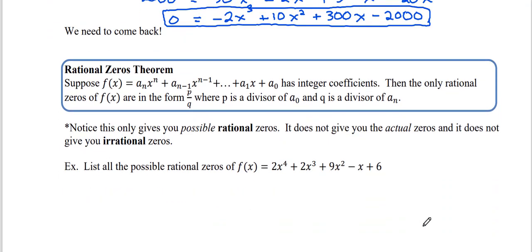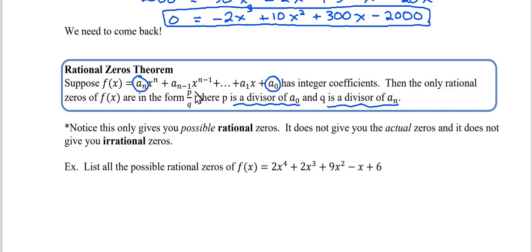The rational zeros theorem I mentioned above gives us possible rational zeros. We're going to focus on this last term, a0, and we want all the divisors of that. We're also going to focus on the leading coefficient and find all the divisors of it.